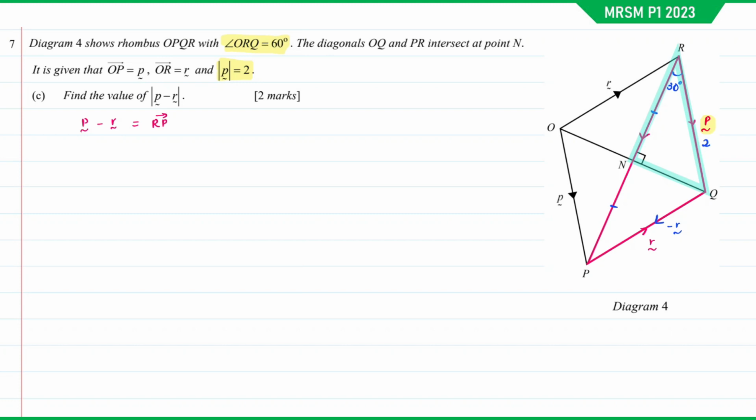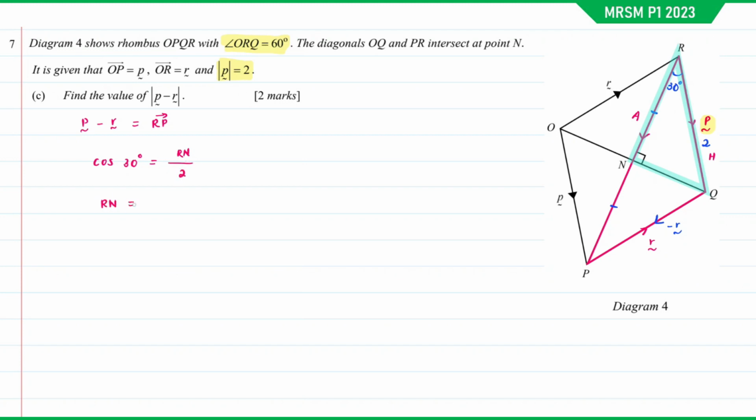So using the right-angle triangle RNQ, we're going to find the length RN. The number 2 here will be the hypotenuse, whereas RN is the adjacent side. So using cos, cos 30 degrees is equal to RN over 2.